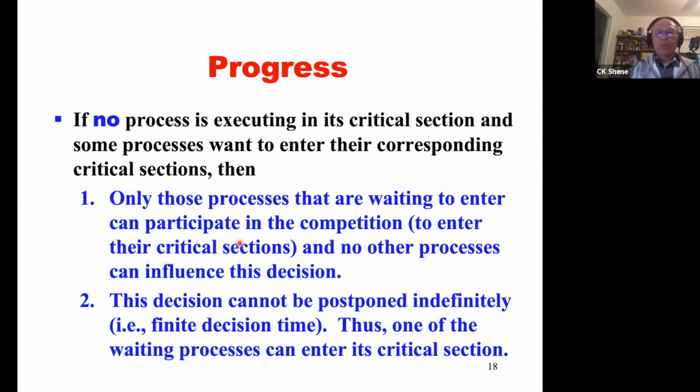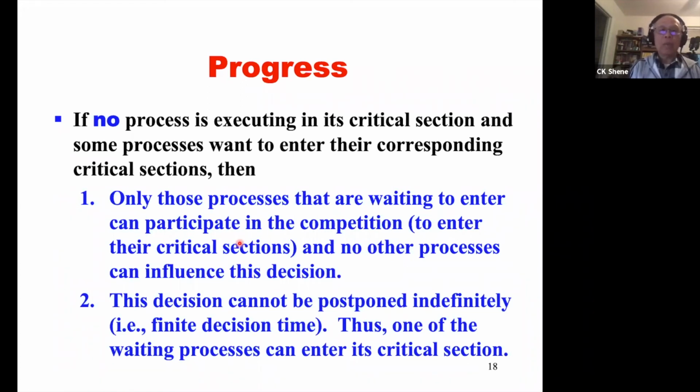So suppose student A, B, and C are waiting to enter the restroom, which is now empty. Only student A, B, and C can make this decision for who can enter. No other processes can influence this decision. That is, some other student, say student D, who's not waiting, maybe he is in his dormitory.